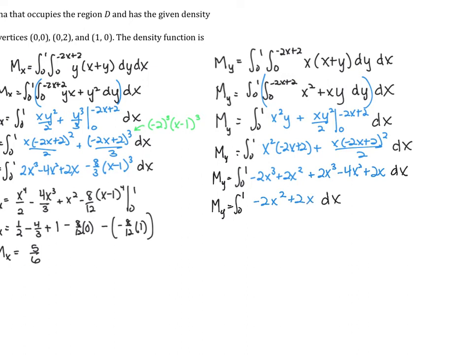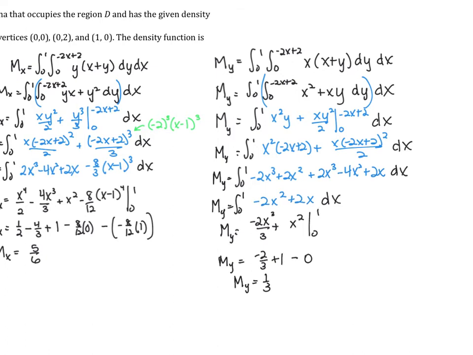And that's going to be a little bit easier to take the antiderivative of. So we get negative 2x cubed over 3 plus x squared, evaluated from 0 to 1. Plugging in 1, we get negative 2/3 plus 1 minus 0 minus 0. So my moment with respect to y is 1/3.